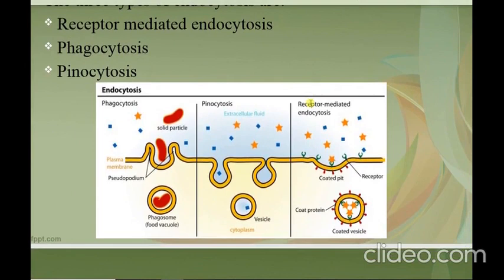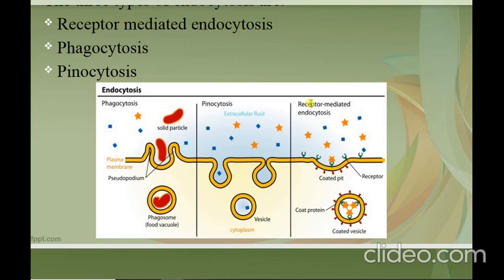First is phagocytosis. In this, a solid particle, or in pharmaceutical terms a drug, is taken up by the plasma membrane of the cell, in which a cavity named pseudopodium is formed in the plasma membrane, which takes up this drug, and a phagosome is formed. Pinocytosis is a process of taking extracellular fluid from outside the cell, and a vesicle is formed.